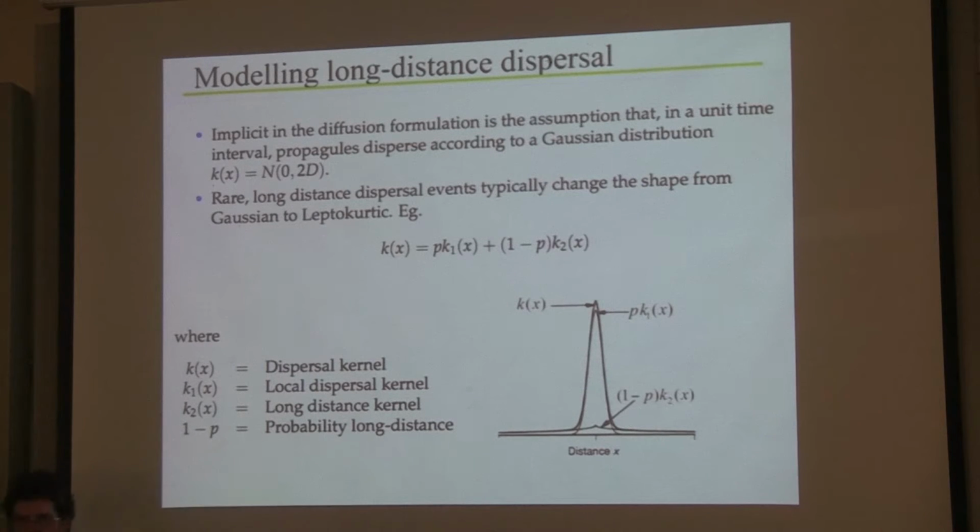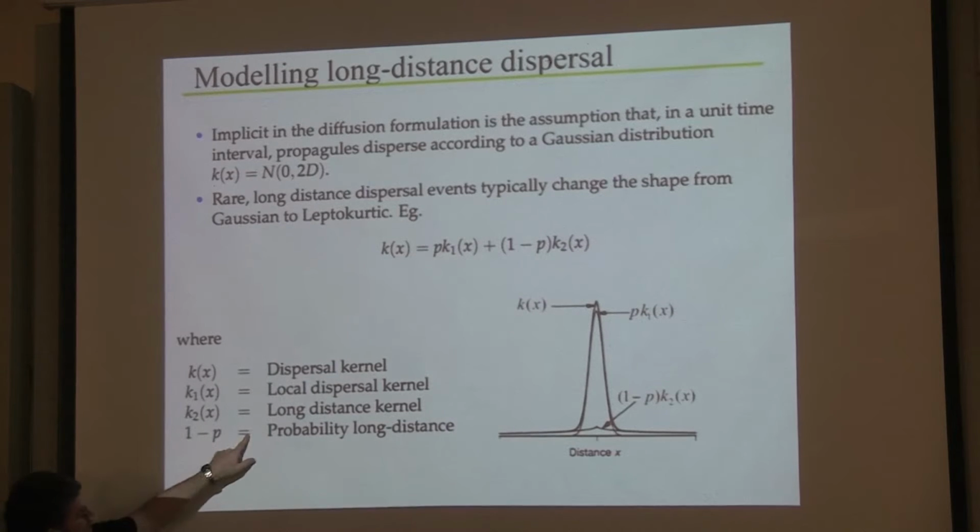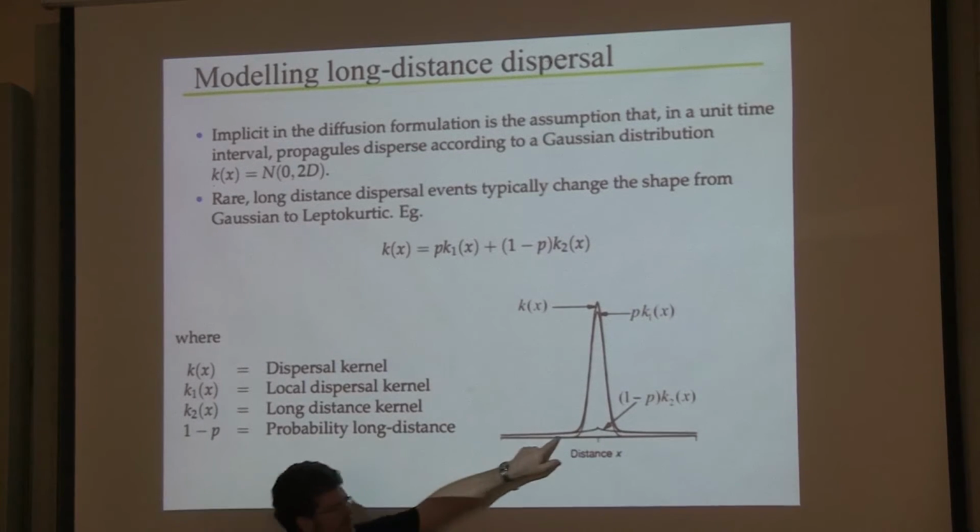And in North America, it's probably jays that are moving acorns and seeds and causing a few individuals to move a long distance. So this is a long distance dispersal function, and 1 minus p is the probability of moving that long distance.